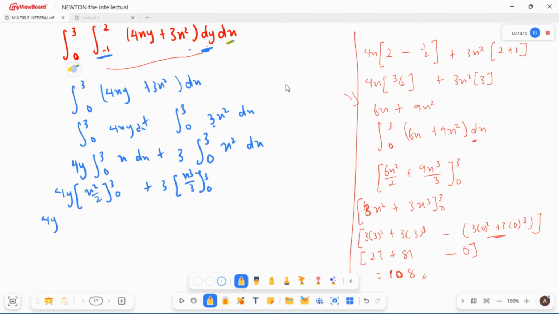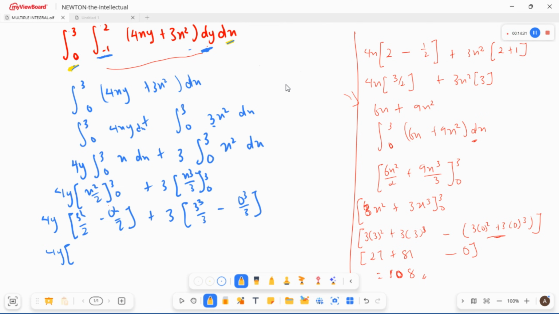So now this one we took with respect to x, which means 0 and 3 is only for variable x. You cannot substitute it for variable y. So we have 3 squared over 2 minus 0 squared over 2, then plus 3 times 3 cubed over 3 minus 0 cubed over 3.